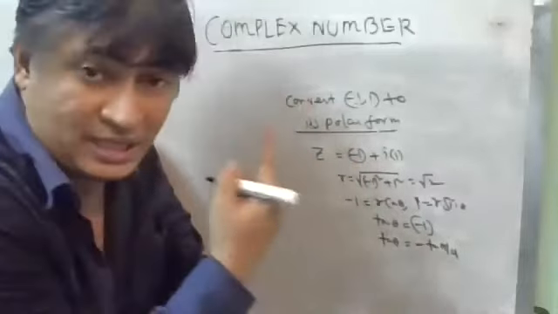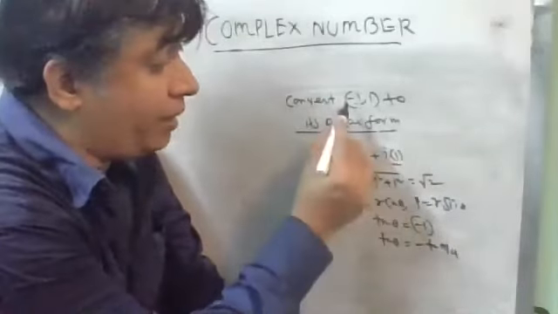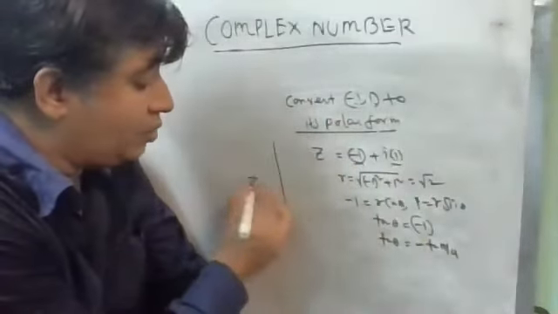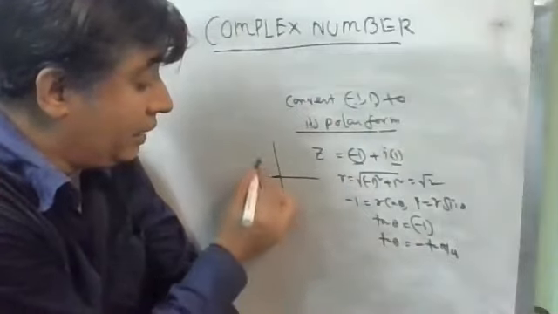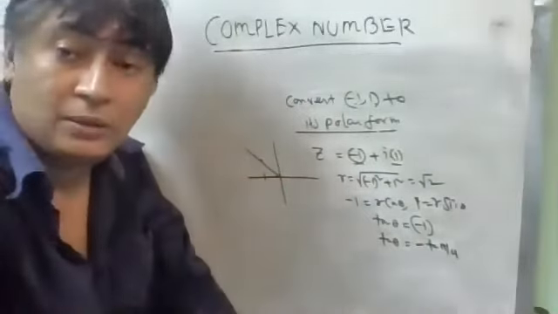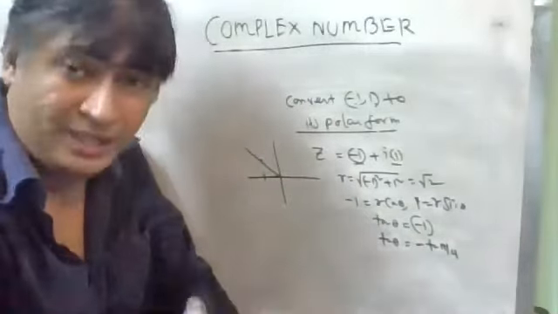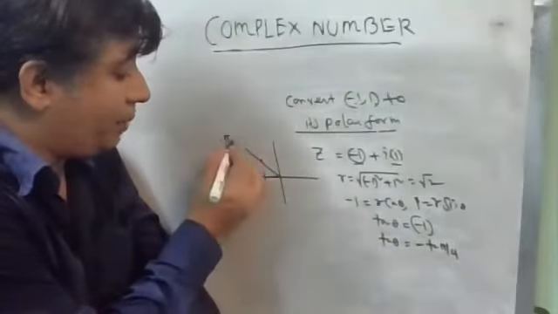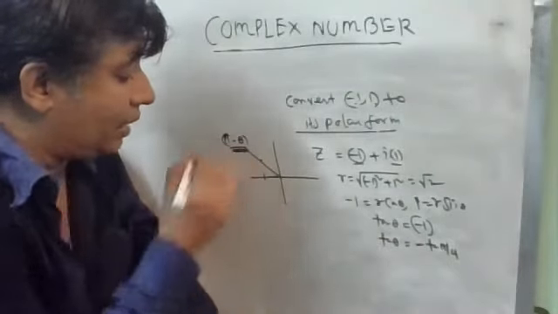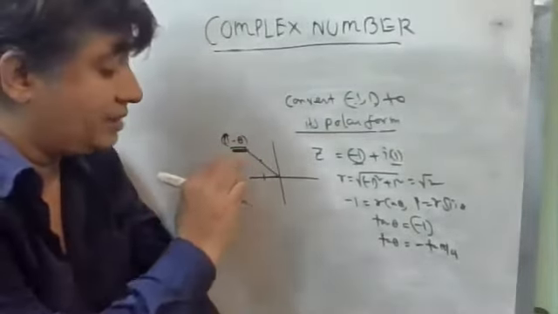Then you have to examine where this point minus 1 comma 1 lies. In the second quadrant, and a few minutes back we were taught that pi minus theta is the argument of z in the second quadrant.